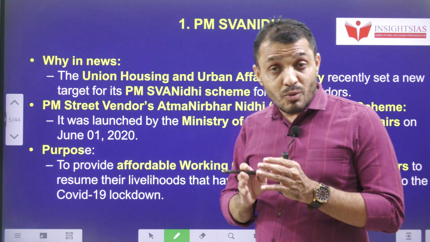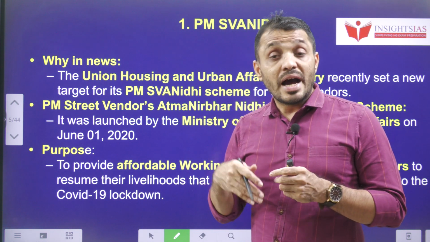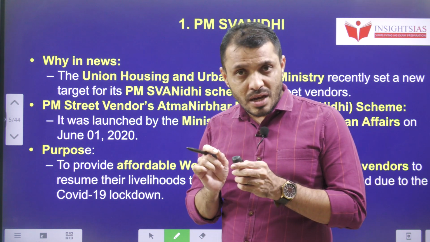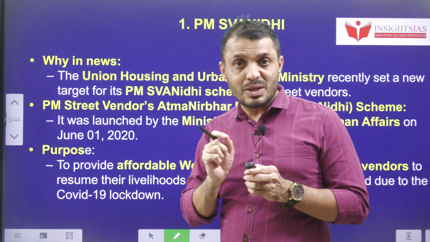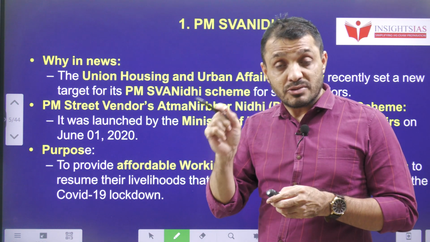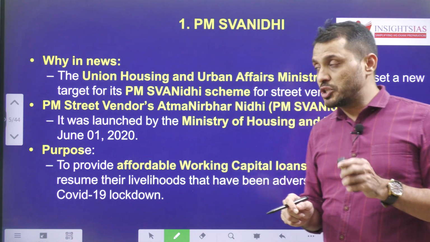The working capital will be 10,000 rupees, and it has to be repaid at regular intervals of time. The vendor certificate will be given by the vendor committee, which consists of representatives from the local body and representatives from the vendors. This information you have to know.